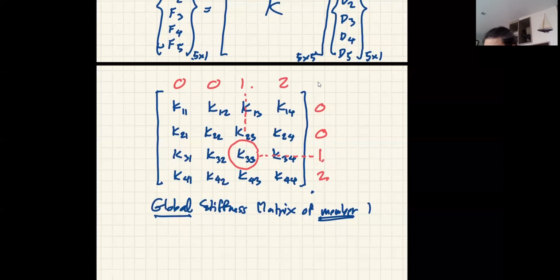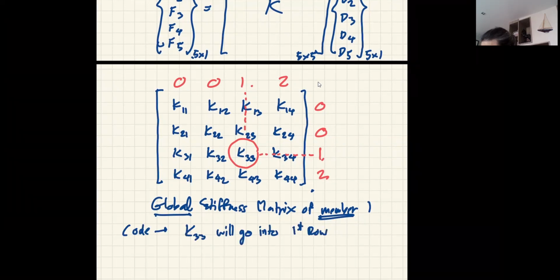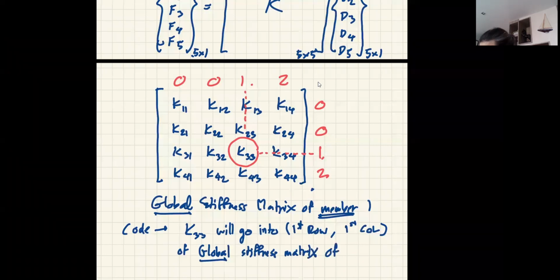Let me try and write it down for you. Code. K33 will go into the first row, first column of the global stiffness matrix of the structure.